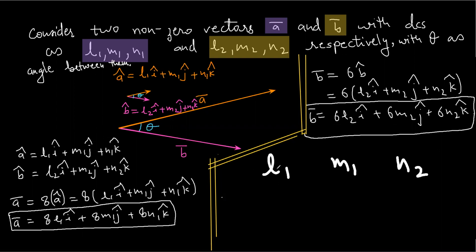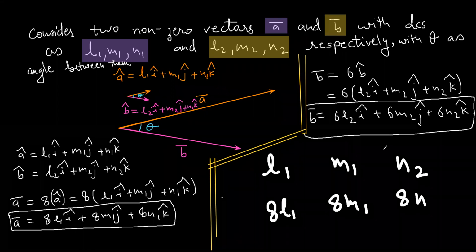Now I multiply some number to these three. Which number do I multiply? I multiply 8 to all of them, so 8 L1, 8 M1, and 8 N1. Here I made a mistake. I wrote 2, it is not 2, it is 1.